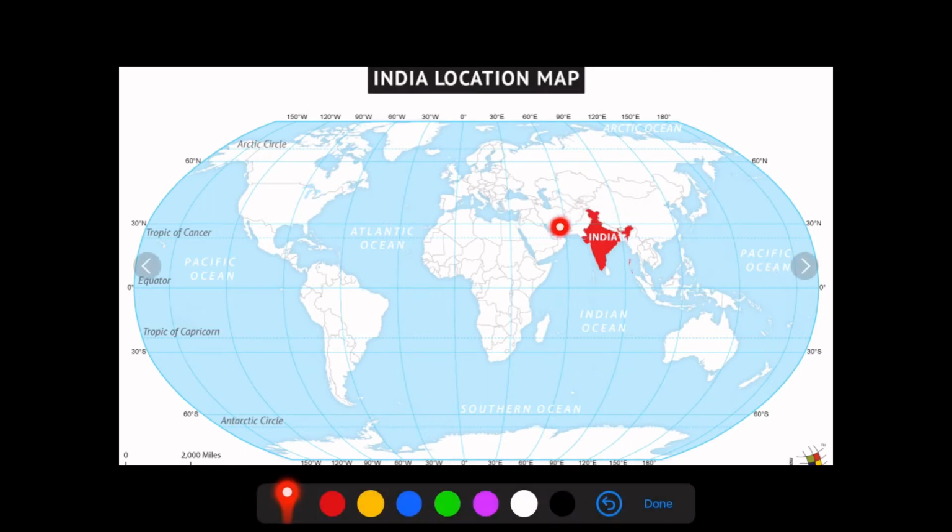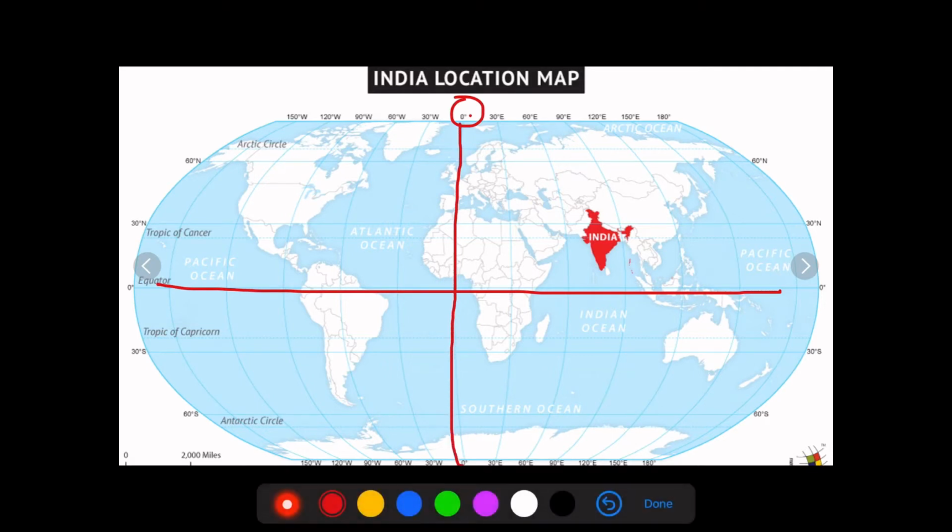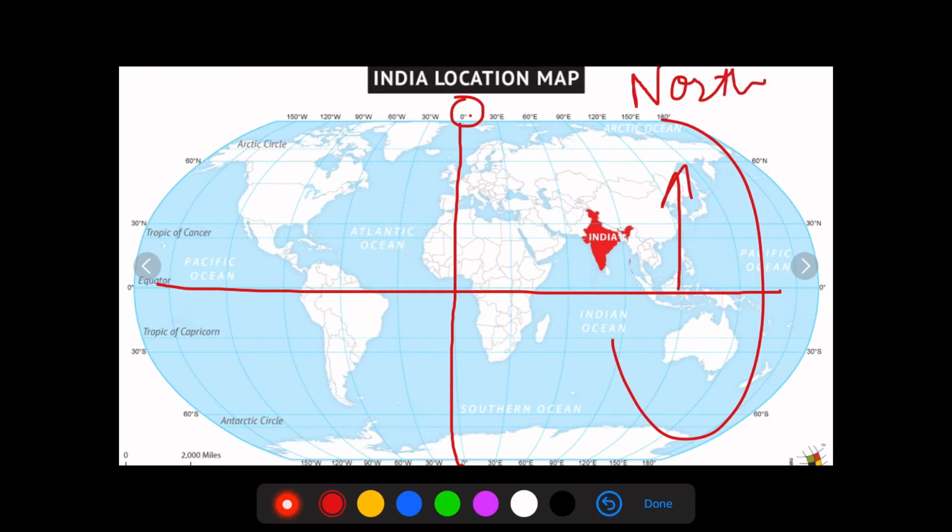Okay, now India, here you can see the equator is passing. Okay, and this is 0 degree, so this is the 0 degree prime meridian. Now India is in the northern part as it is above the equator, and this part is the eastern part. So India is in the northern and eastern hemisphere.